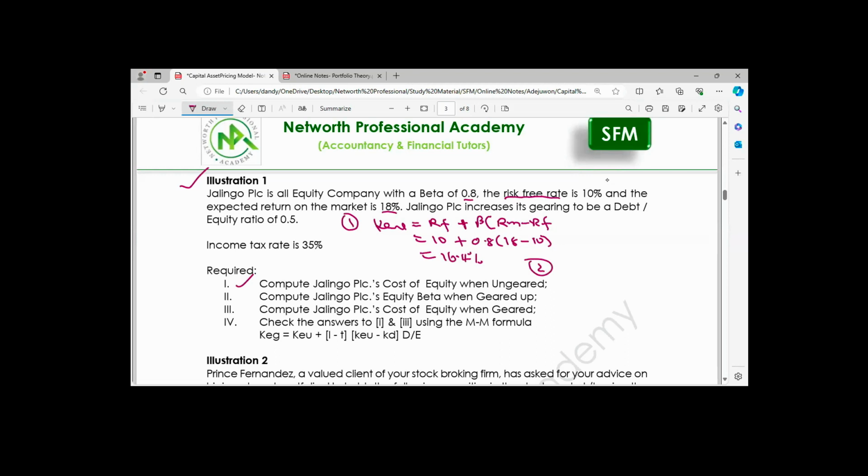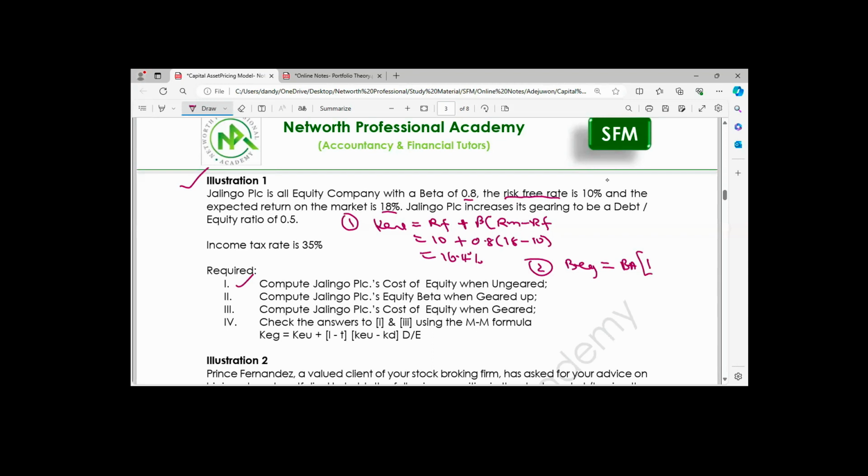And you know that beta equity of a geared company is calculated as beta assets multiplied by 1, because in this question we do not have debt beta.